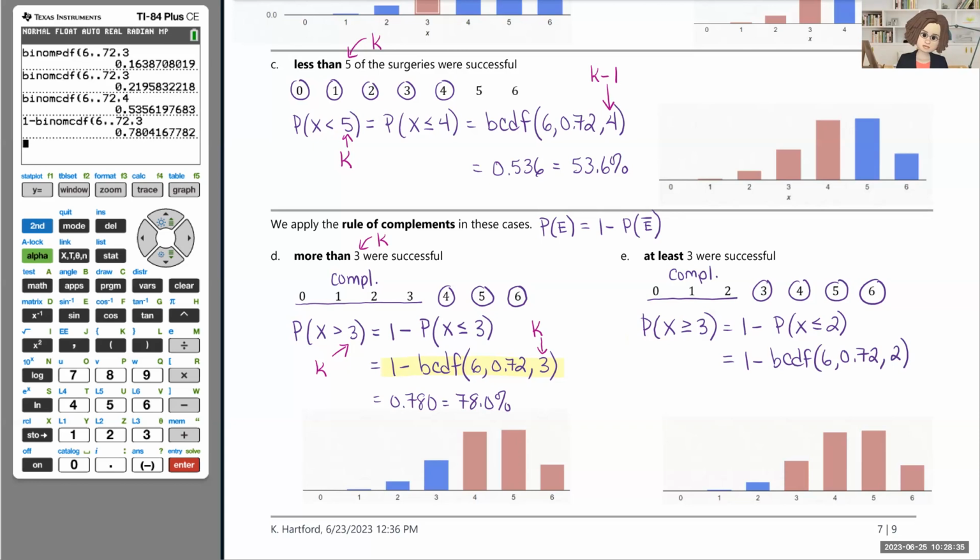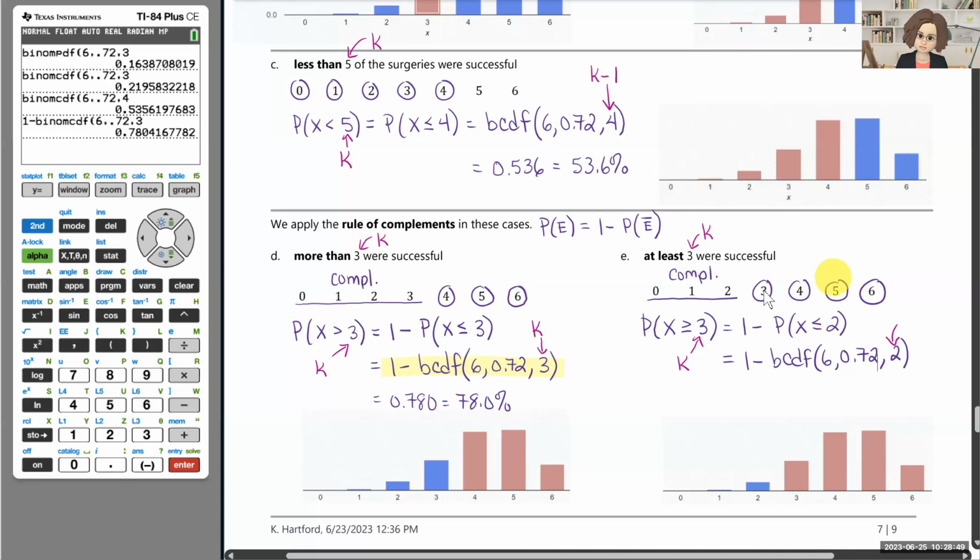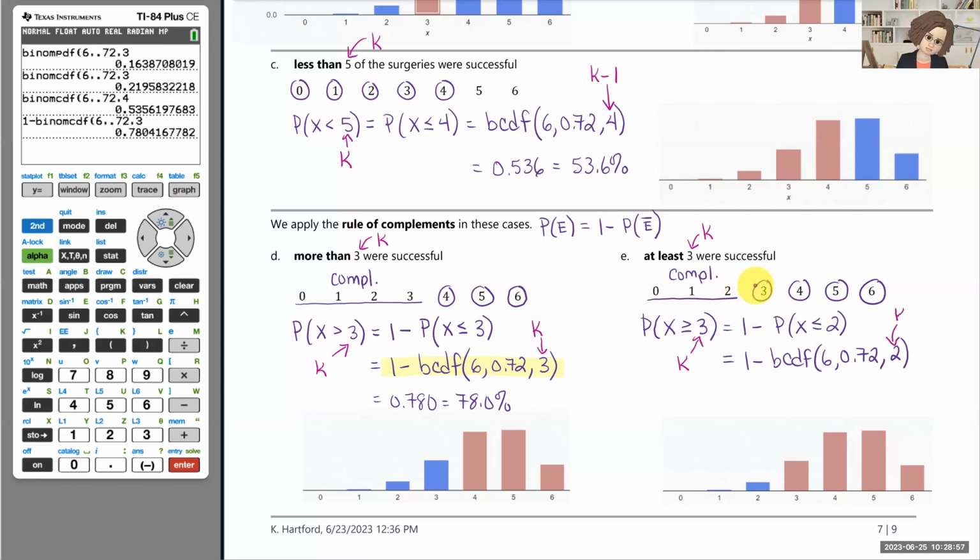So the thing we want to notice here is that if it's at least K, 3, so that's the K, then when we use our rule of complements, you're not putting in that 3 here. This will always be the number before that value of K. So now again, we're going back to this K minus 1.